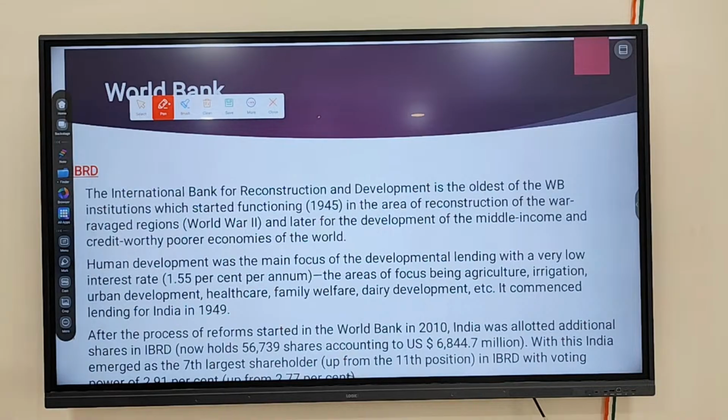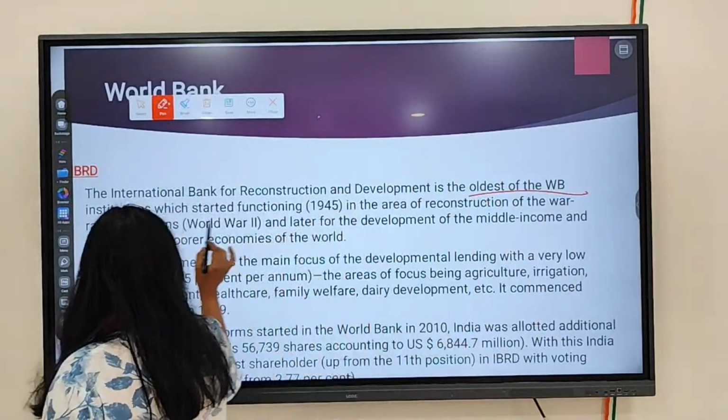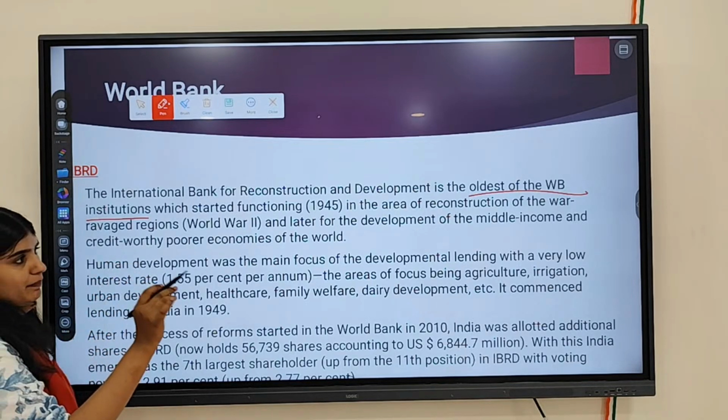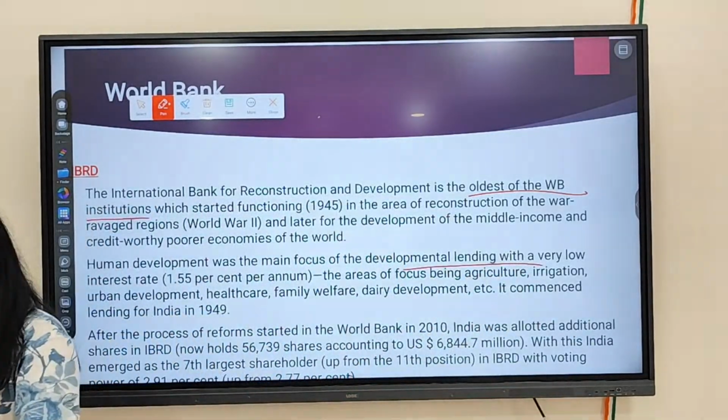Just underline it, one of the oldest World Bank institutions. A very important function of the IBRD is that for development purposes, they will lend loans.